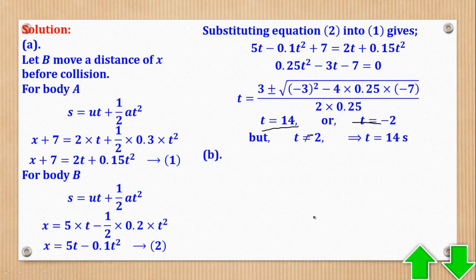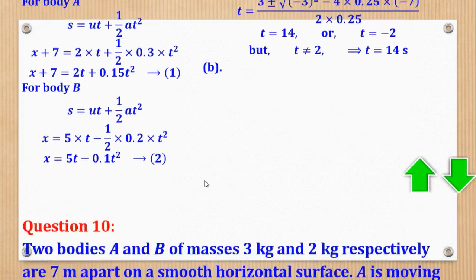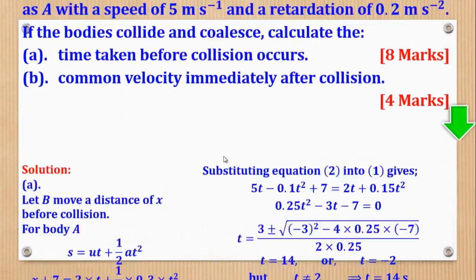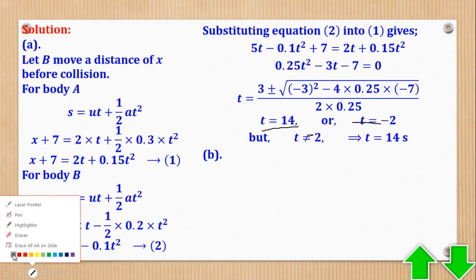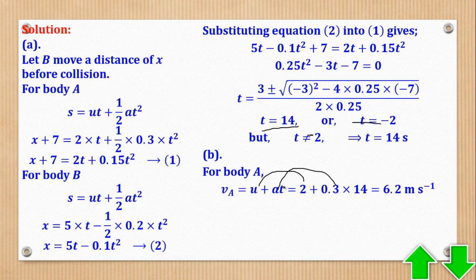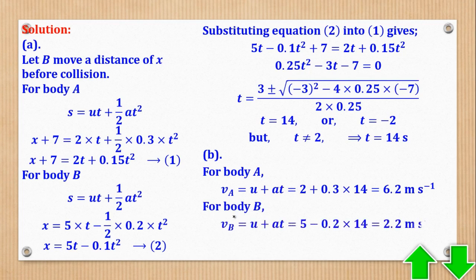And for part B, the common velocity immediately after collision. For body A, v is equal to u plus at. So u is this, a is that, and t is that. Therefore, the velocity will be that. For body B, v is equal to u plus at. u is that, a is that, retardation, that's why there's a minus, and t is that, v is that.